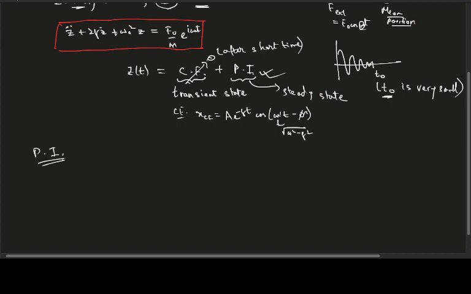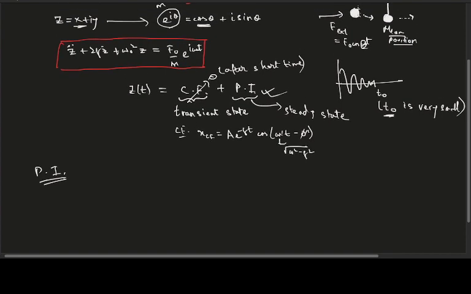Now the solution of this particular integral part is always of the form of the external force, or our excitation. Here the excitation is our external force on the bob. So let's name this part z_PI, just to keep in mind that this is the particular integral part. The z_PI will be of the form e to the power i omega t.